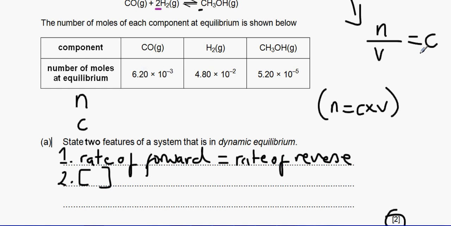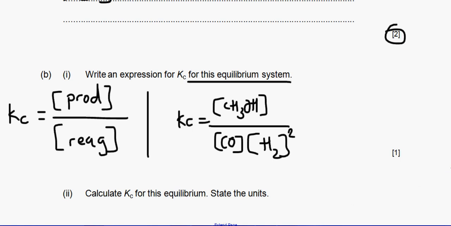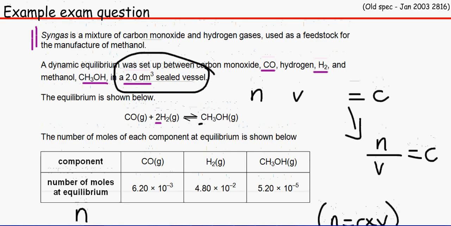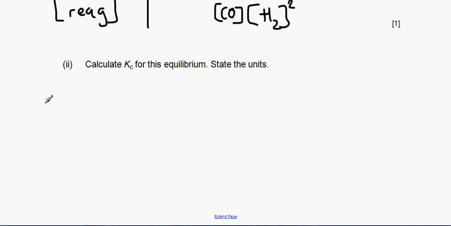6.20 times 10 to the minus 3 divided by 2, because it is already in decimeters cubed. Again, that's another thing you need to look out for, whether this is in centimeters cubed or decimeters cubed. So seeing as this is in decimeters cubed, we can do 6.2 times 10 to the minus 3 divided by 2.